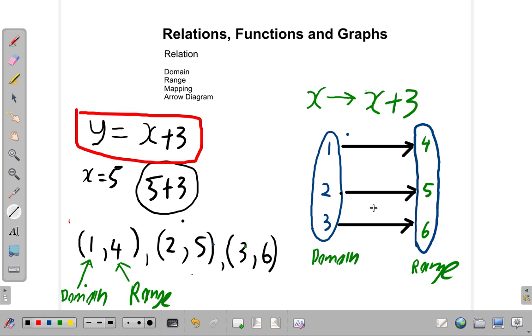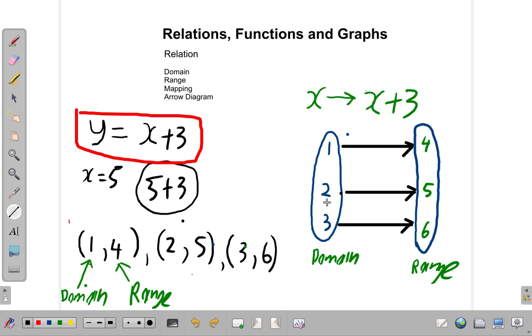This is what you call the arrow diagram, and it shows a mapping of one set of numbers onto the next set of numbers, a mapping of the domain onto the range.